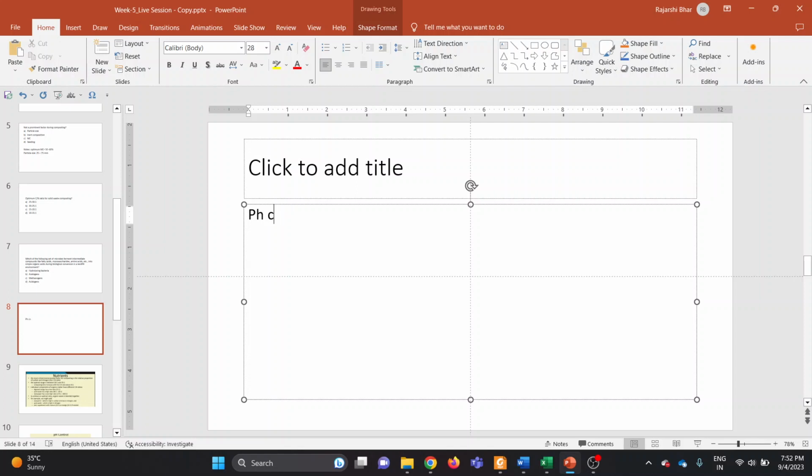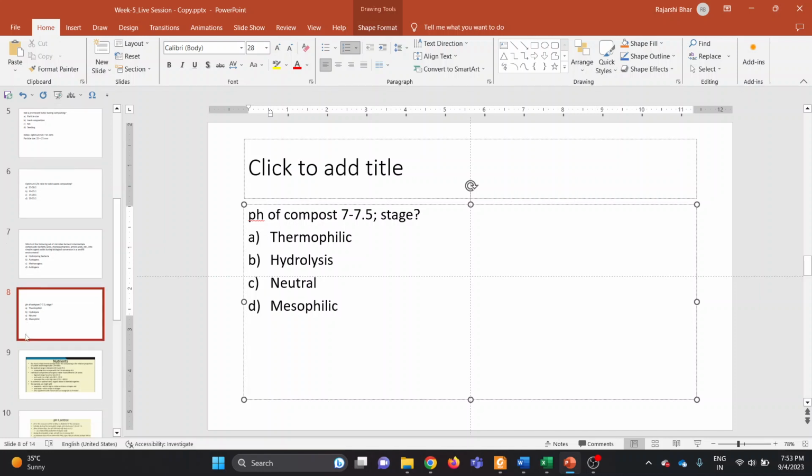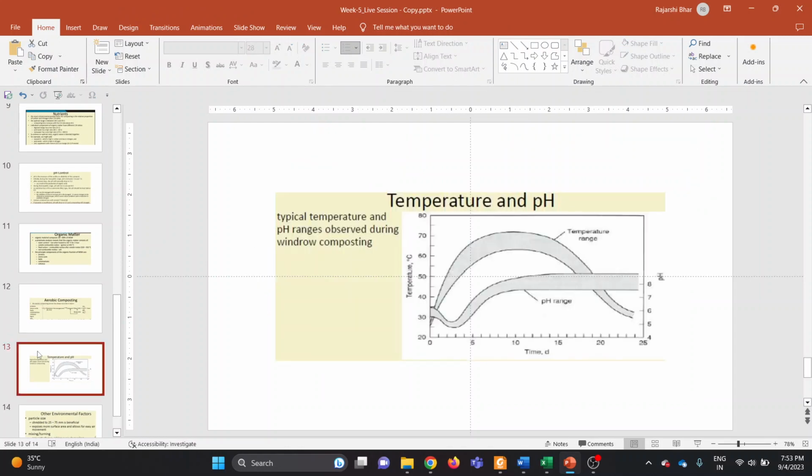So you have to identify the stage the compost is in. The options are thermophilic, hydrolyzing stage, neutral or mesophilic. For this, I can share a diagram with you. So from here, you can guess it.